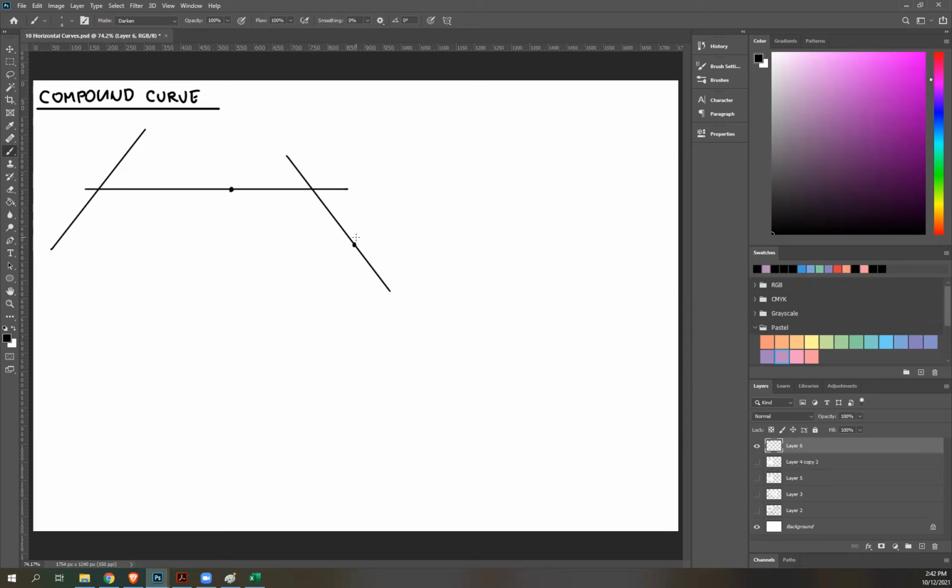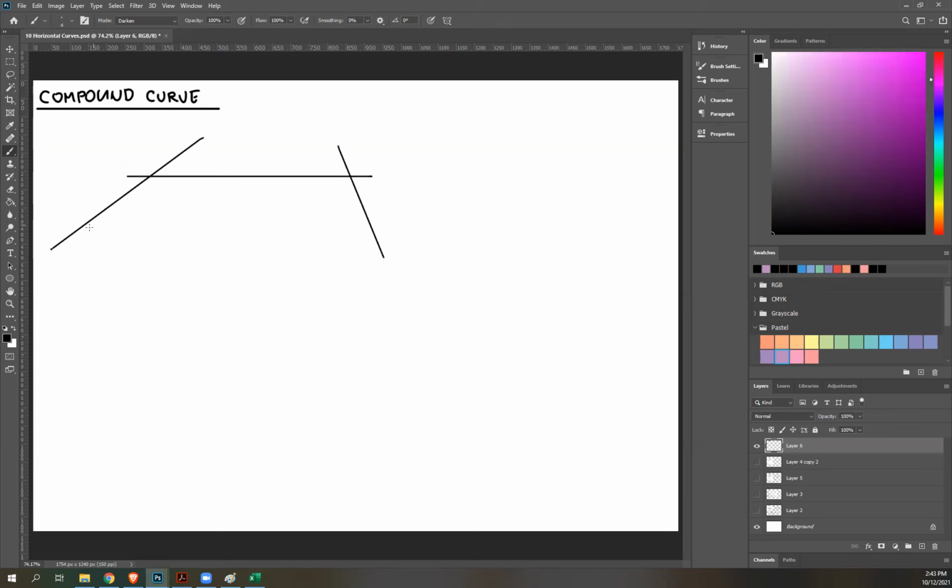And then your long chord is parallel to that. So here. Okay? So this is your long chord L. This is T1.